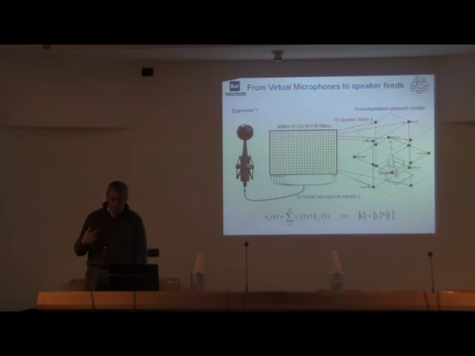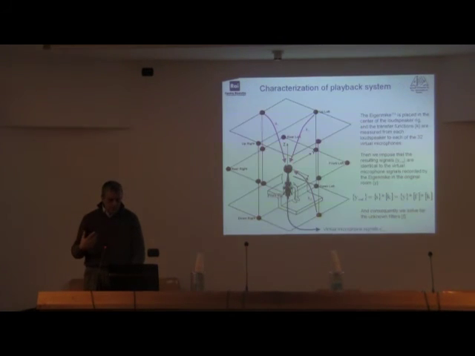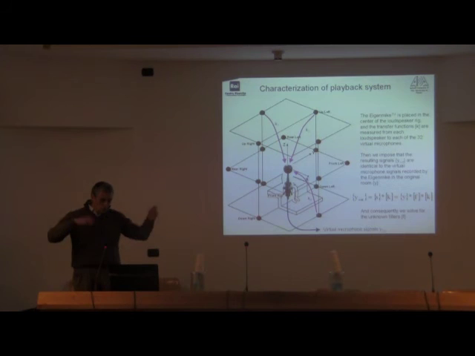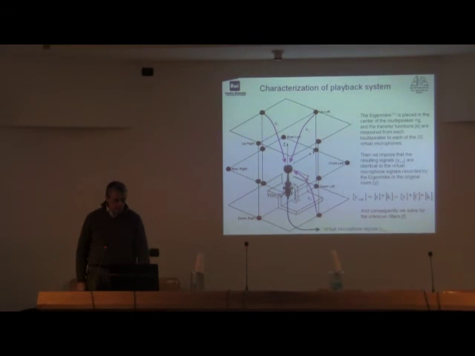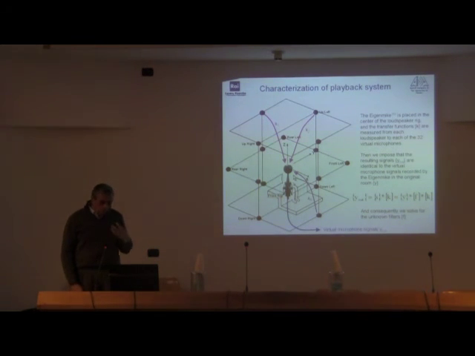In practice, we use the same theory which we employ for creating the encoding filters. We use it also for creating the decoding filter. We place the Eigenmic at the center of the loudspeaker array. We measure all the impulse responses, key 1, key 2, key 16, from every loudspeaker to the Eigenmic. And again, we impose that we get what we want.